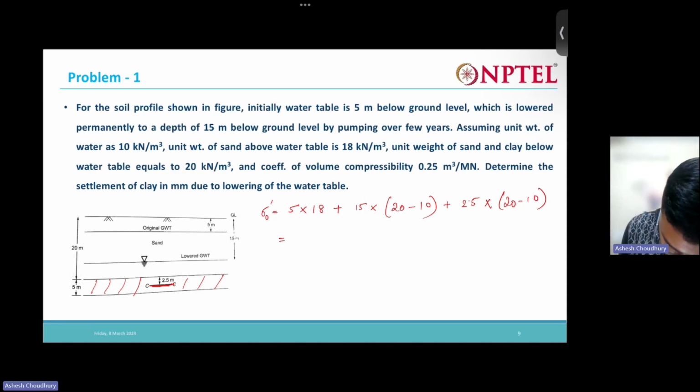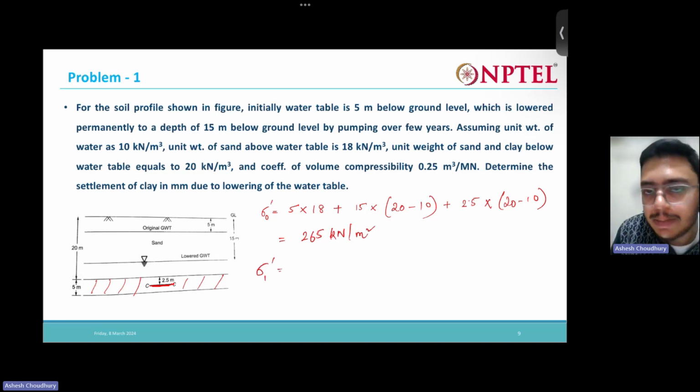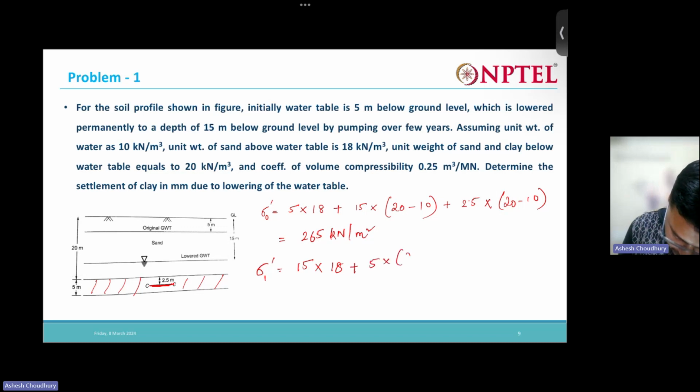So this will come out as, okay. Now let us find out, due to the lowering of the water table, what is the effective stress? Let us see. 15 into, okay, so calculate this.